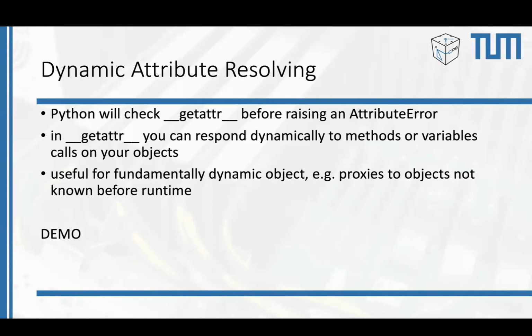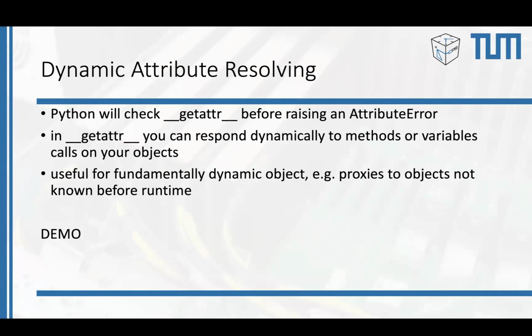Get and set are very important because they give you the possibility to respond to attribute requests dynamically. So instead of implementing every attribute from the database into your class directly, you could have implemented this function __getattr__ and then look up in the table if that attribute exists and dynamically answer the attribute at runtime. Right?